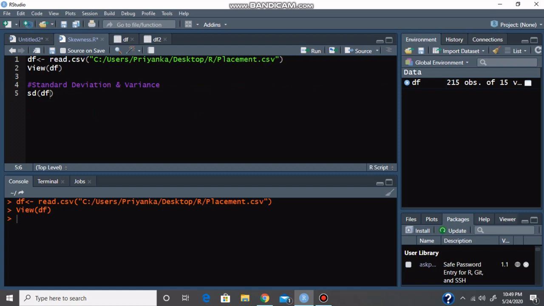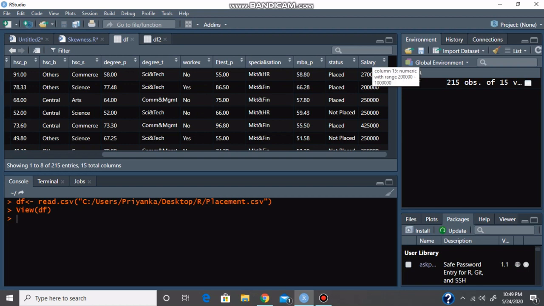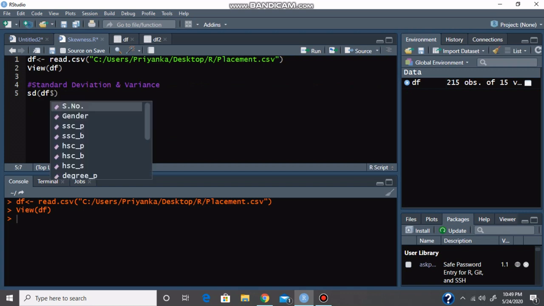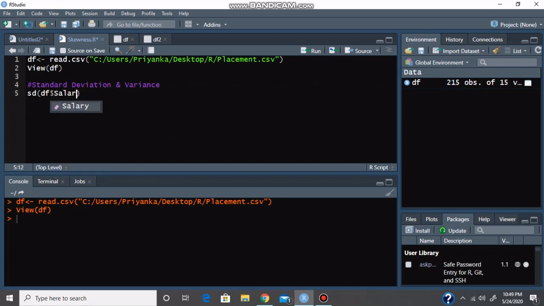So I have to apply these indicators over this particular column, that is salary. When I run this, you can see that I have got the standard deviation as 78,506. This is the closeness of the values from the mean.